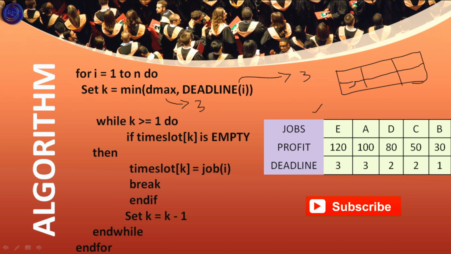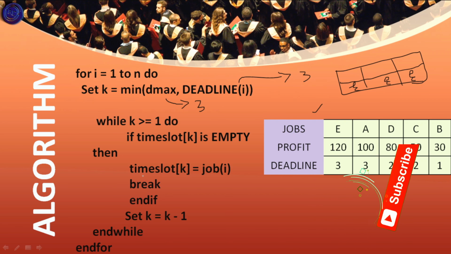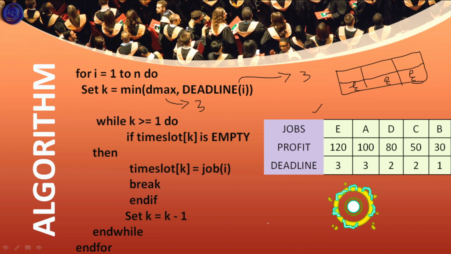Here these slots are empty. When they are empty we are going to fill the jobs. So time slot of K equals job of I. Initially job of I equals E, so I represent this position as E. Job 1 is E, which has the maximum profit.